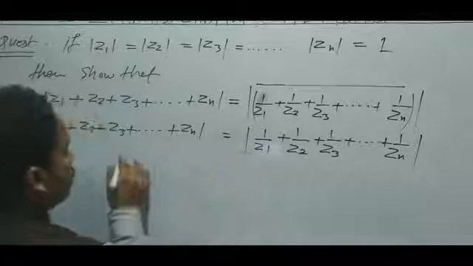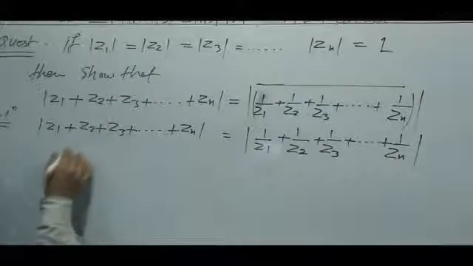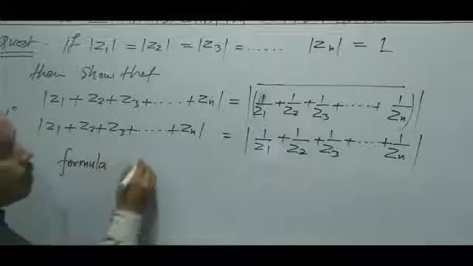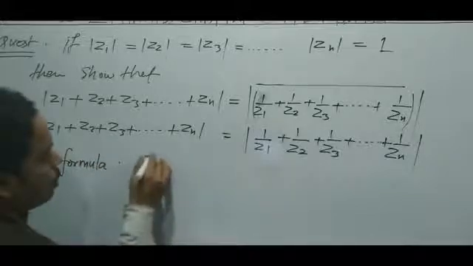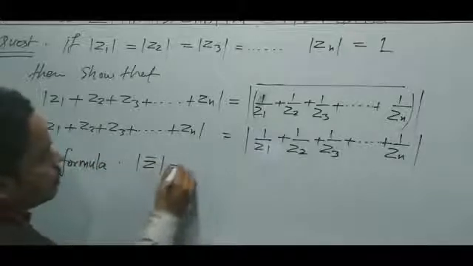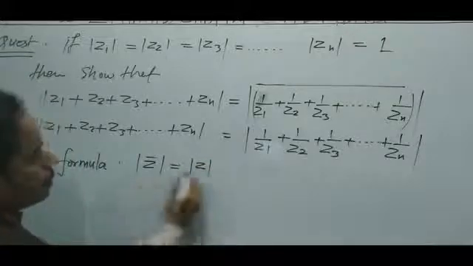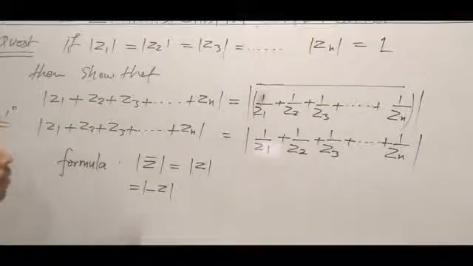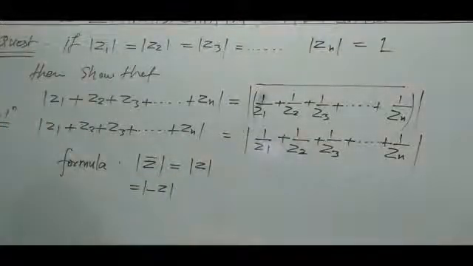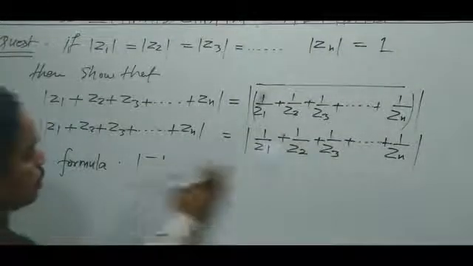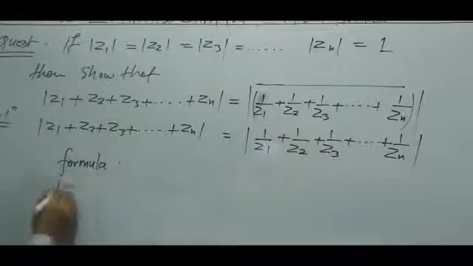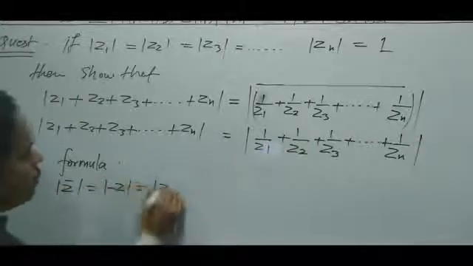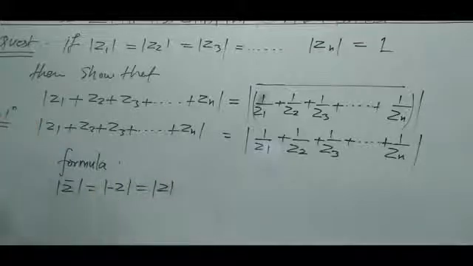Here I have used the formula: mod of z bar is equal to mod of minus z is equal to mod of z. All three values are equal.